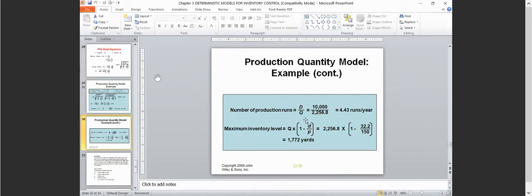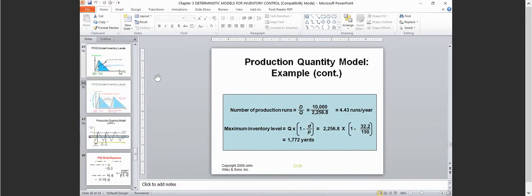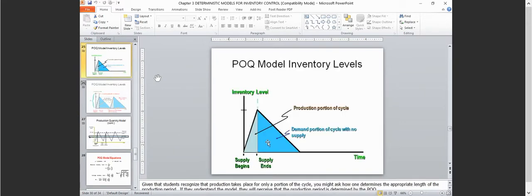Number of production run 4.43. So we have this jaws teeth.